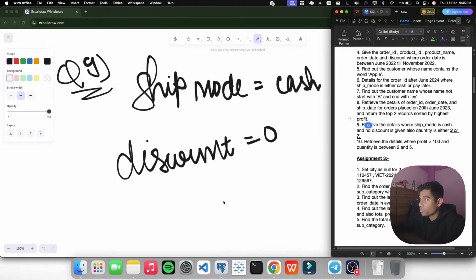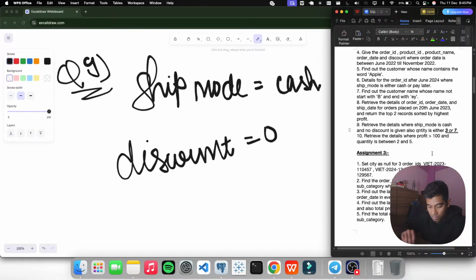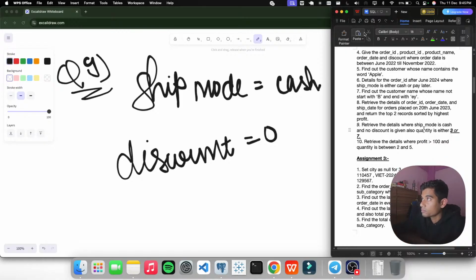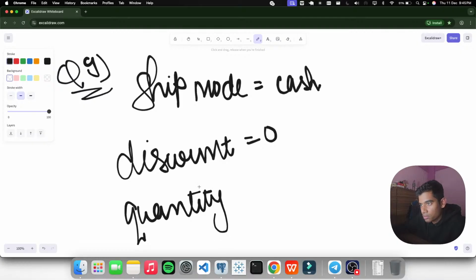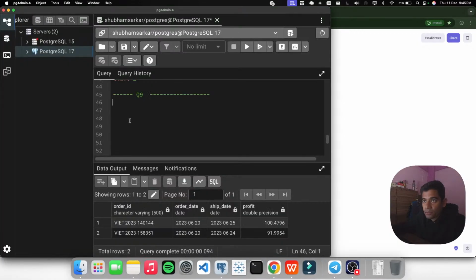Third criteria, quantity should be either 3 or 7, any one of the two. So let's write these three things.